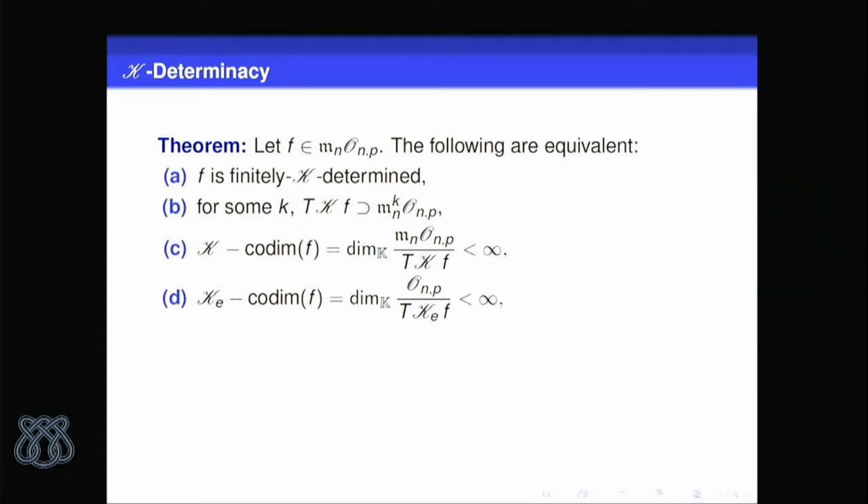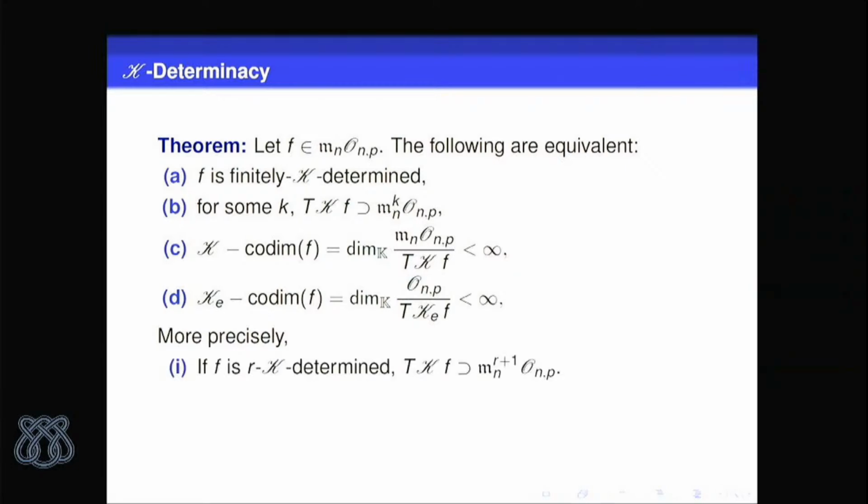Well, okay, but if we just say that it's finitely determinate, that means there exists a certain R, but which R? Is it possible to know this degree of determinacy? So we have more things here.